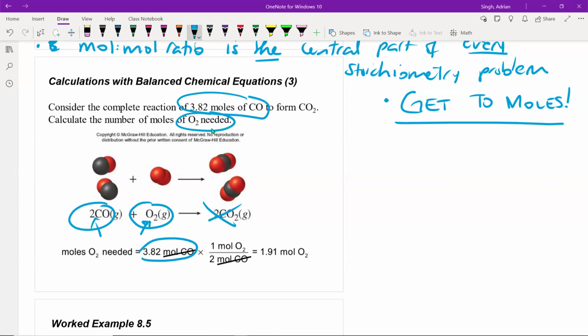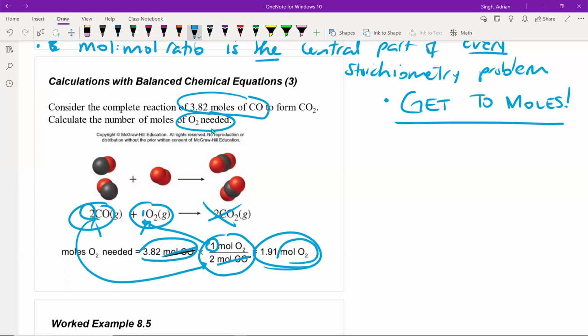My relationship now is 2 moles of CO to 1 mole of O2. I want moles of O2, so that goes on top. Moles of CO on the bottom, they go away. I make sure I have the coefficient here, right? That's the 1 for the moles of O2, and then the 2 for the CO that goes in the bottom. I take half of 3.82, which gives me 1.91 moles of O2 left as the only unit in this problem.